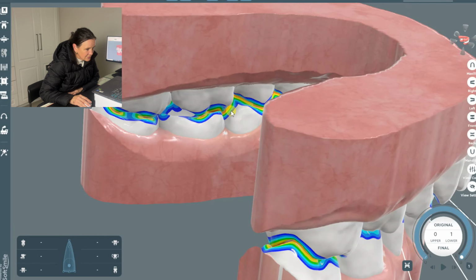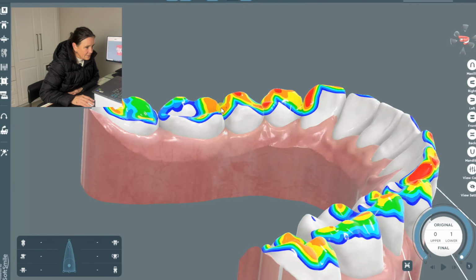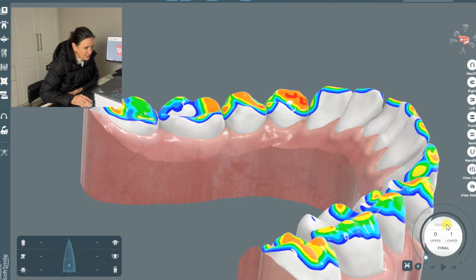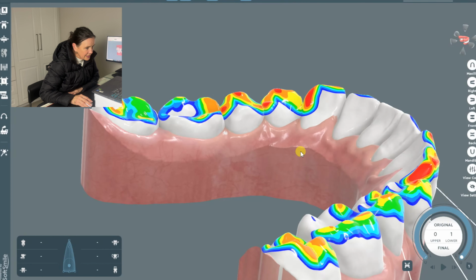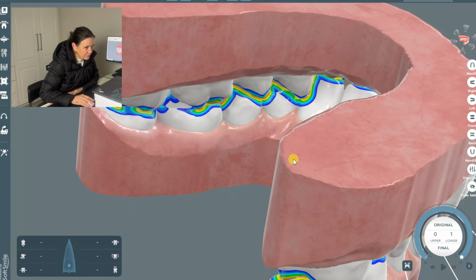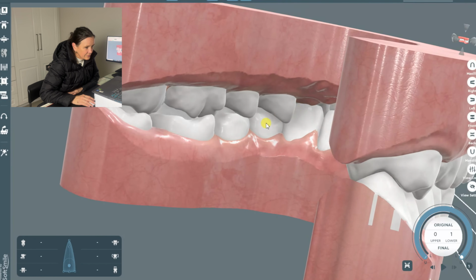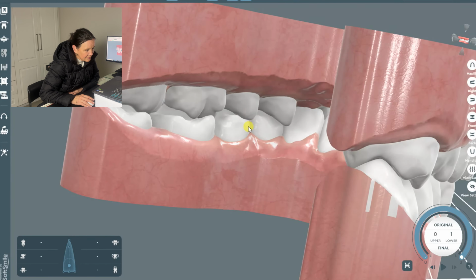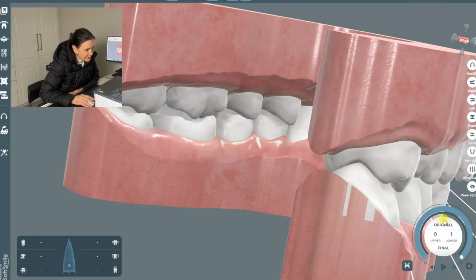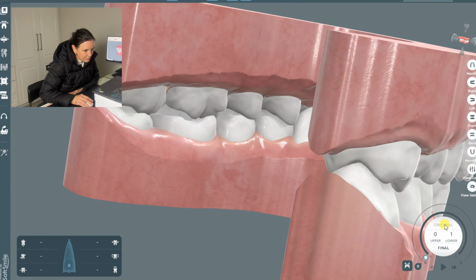And yeah, so the whole of the distal area of the 5 there is going to be really in a hard contact. The patient may complain about that, as well as the cusp point there. Let's have a look at the five, between the 4 and the 5 in the bottom.